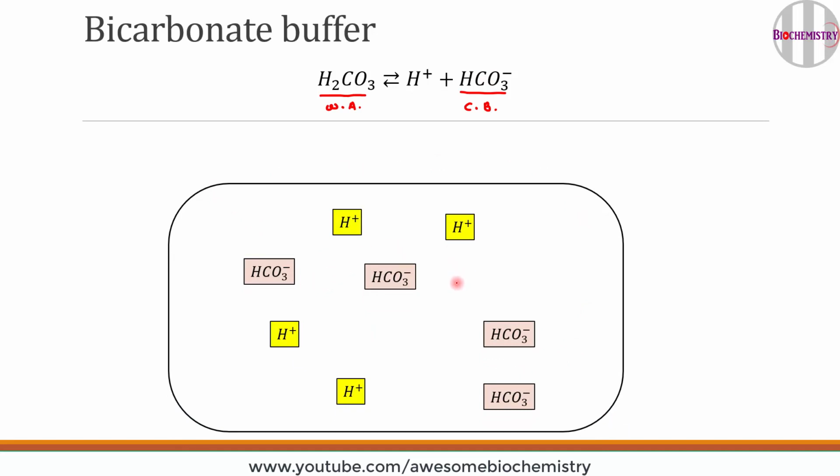Here, for the clarity of the diagram, I have not shown the carbonic acid, rather only H plus and bicarbonate ions are shown. And just as an example, I have taken 4 H plus ions and 4 bicarbonate ions, right? So initially we have 4 H plus ions, as we are more interested in the hydrogen ion concentration.